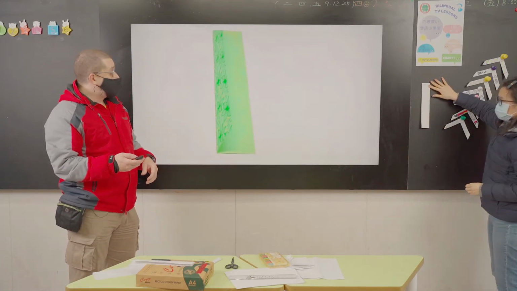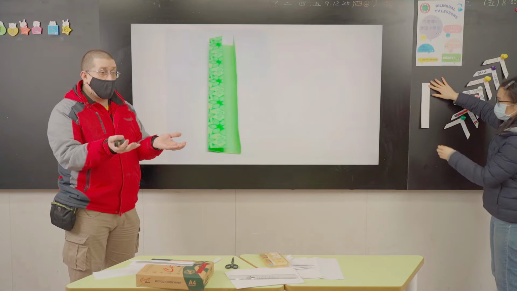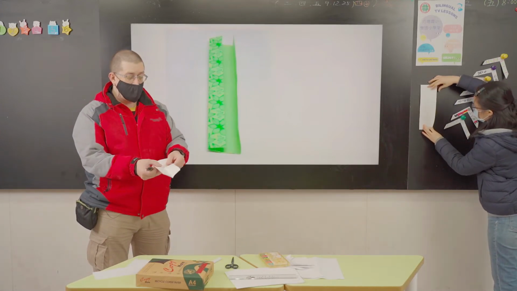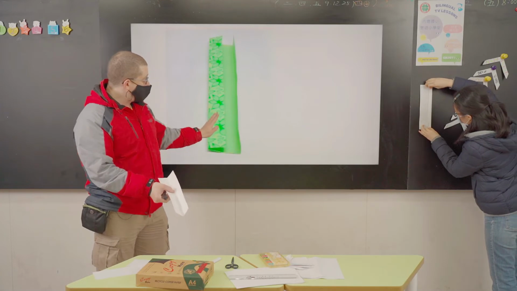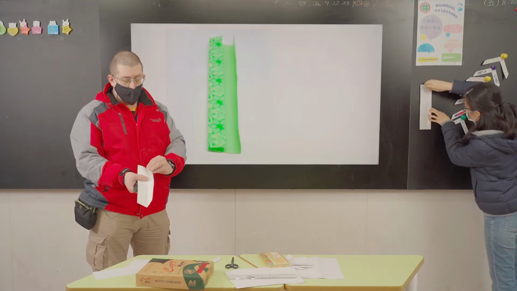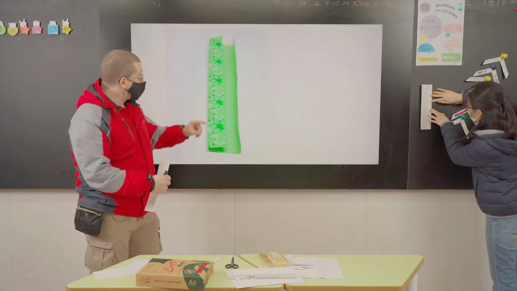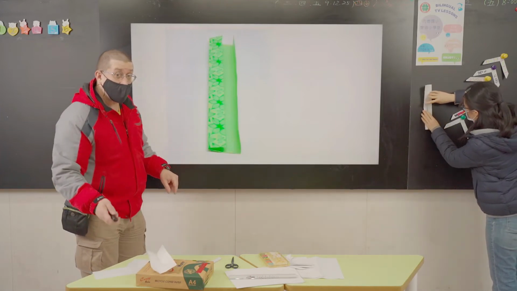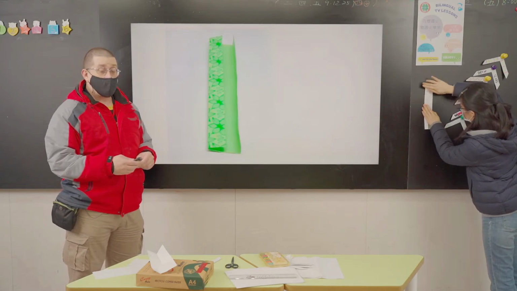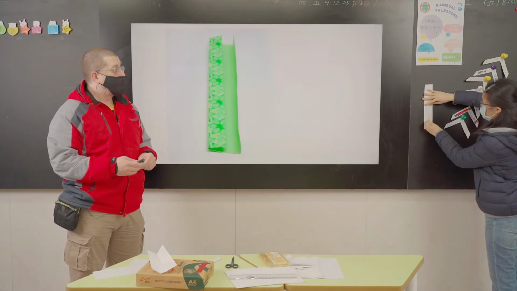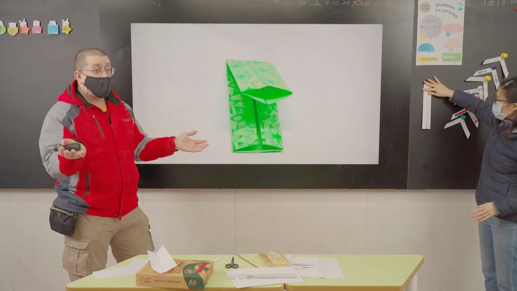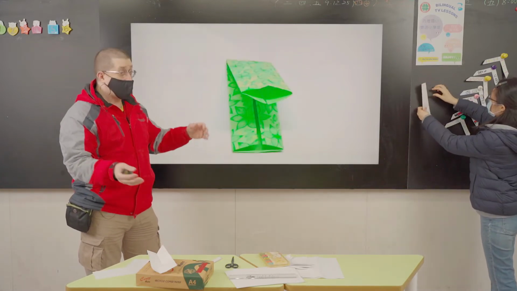After you fold it in half, you can open it up and then fold two sides into the center: one side over to the center and one side over to the center again, to the middle where you have that folded line down the center. And then after you've folded it this way, you can fold it over in half.